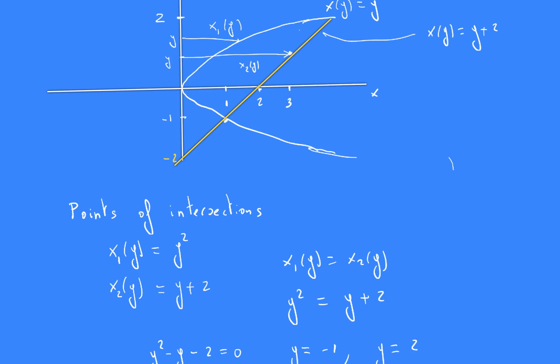Who are these horizontal rectangles? Elements of area like this one. And these elements have a length, and the length of this element is x, the further curve. Let's call it x2, the further one, x2 of y minus x1 of y.